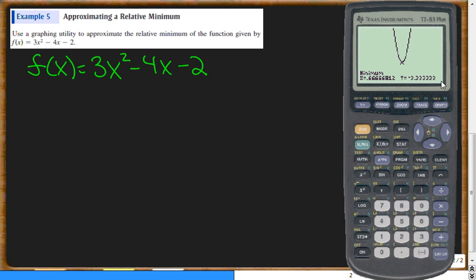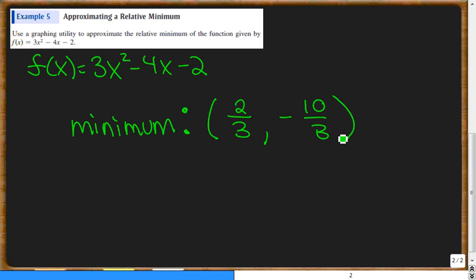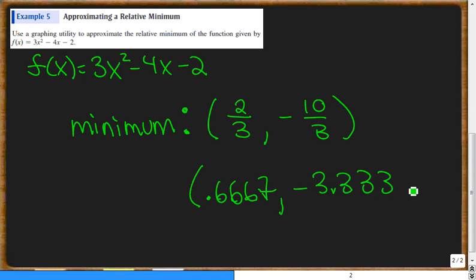So you're going to have a relative minimum. Actually, it's an absolute minimum, but anyway, our minimum occurs at 2/3, negative 10/3, or as your calculator called it, 0.6667 and negative 3.333, and so on.